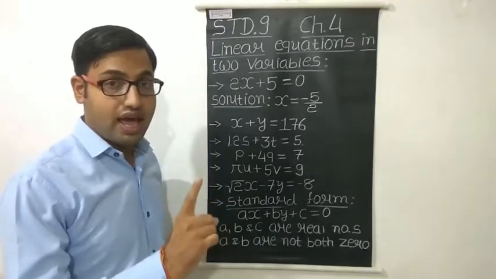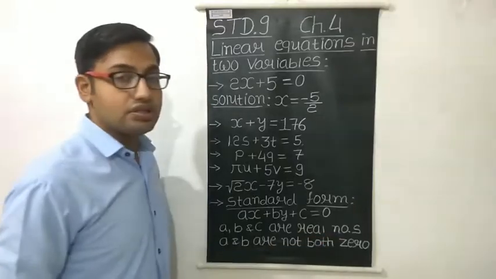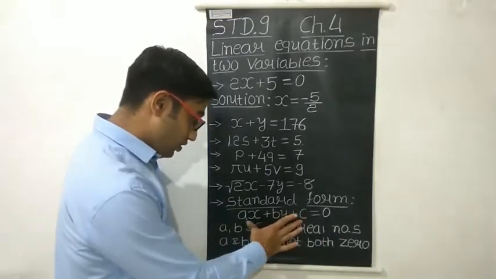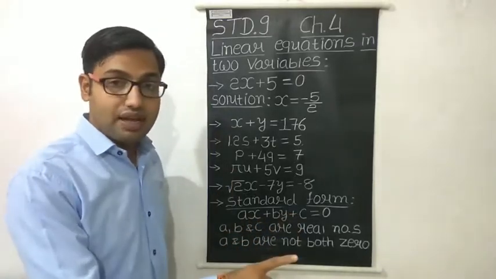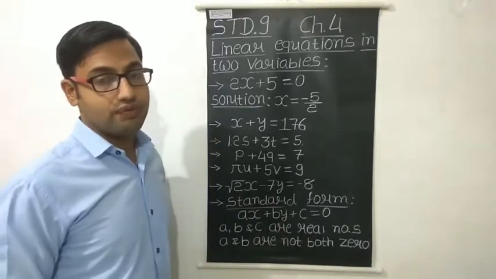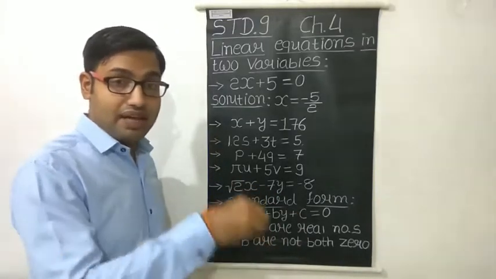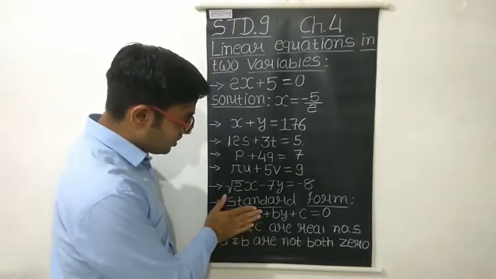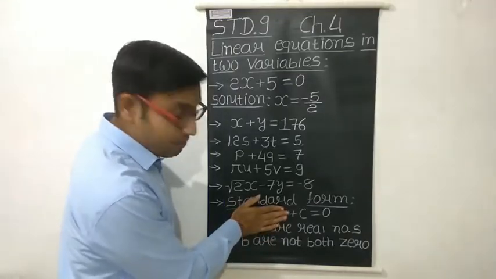One condition is there. What is that? A and b are not both 0. In this equation, a and b should not both be equal to 0 at the same time. What will happen if both a and b become 0 at the same time? See, as a becomes 0, this term becomes 0. If b is also 0, these two terms total become 0.